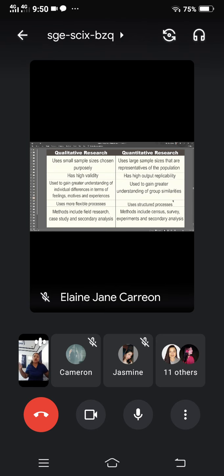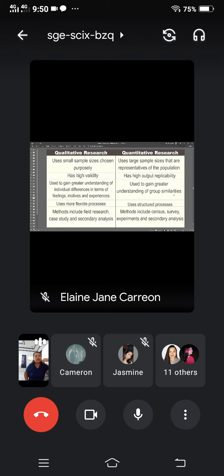Kasi gusto mong mag-dig deeper dun sa certain issue para pwede sila magsagot. Ibig ko sabihin, yung certain question, pwede siyang masundan ng mga question pa, another question. So, flexible yung iyong pag-collect ng data.